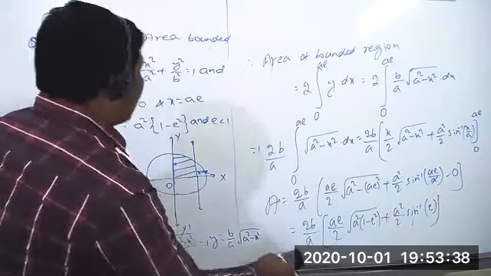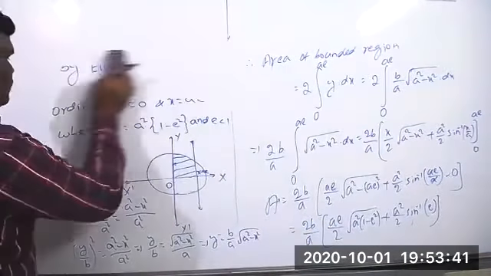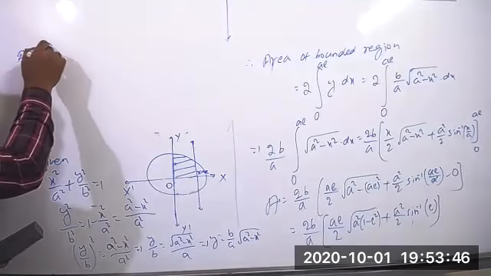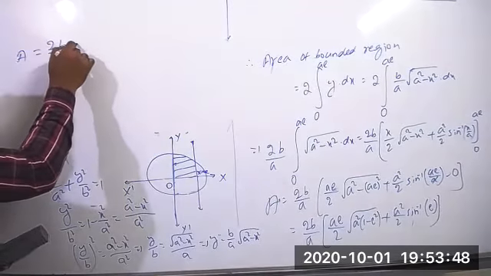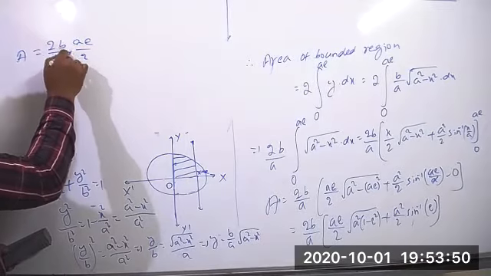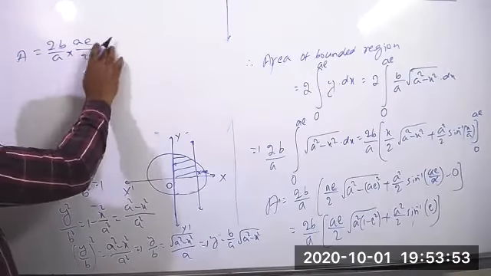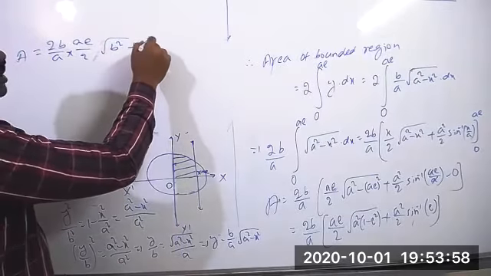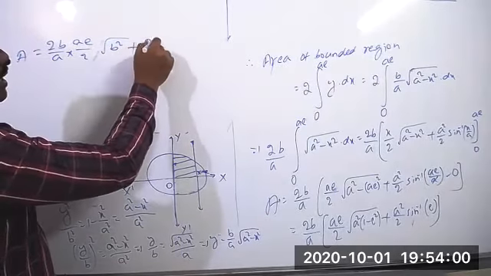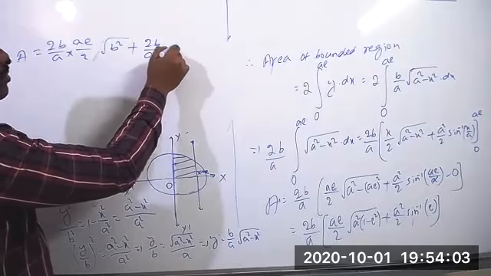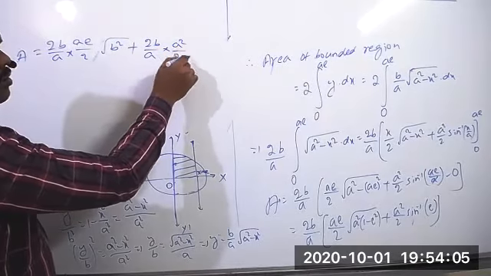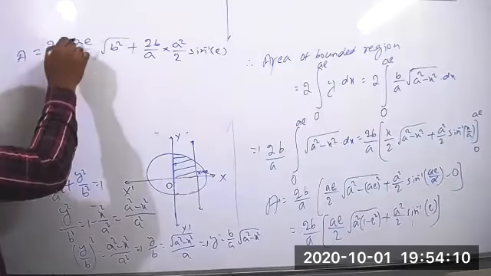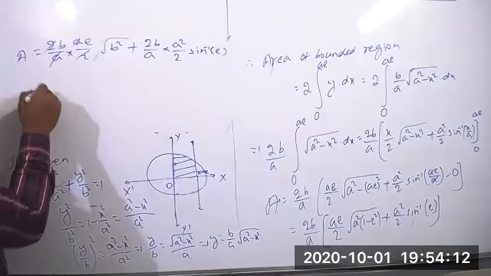One more step you can write: the area equals 2b by a into ae by 2 into root of b square, plus 2b by a into a square by 2 sin inverse of e. A will be cancelled, and 2 also cancels.